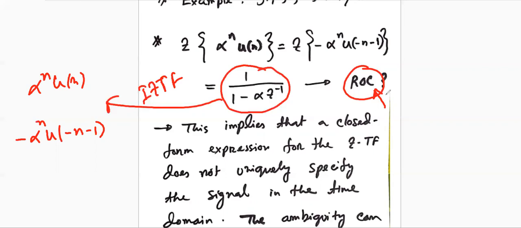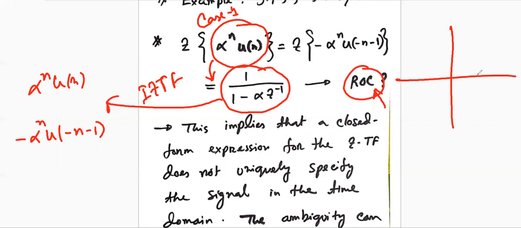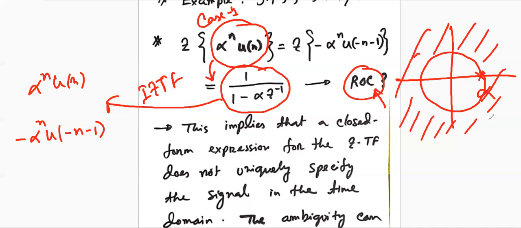For example, if this is the case, you go from the time domain to the Z domain. What is the ROC for this case number 1? The ROC looks like this. Let's say this is a pole alpha, this is a circle, and the exterior, because this is a right-sided sequence, is the ROC.